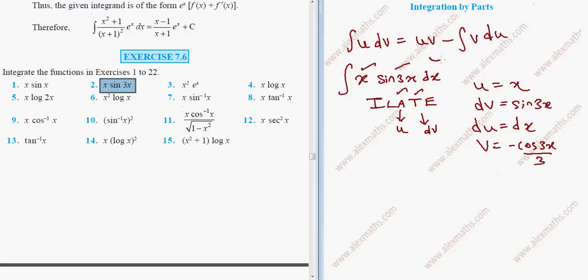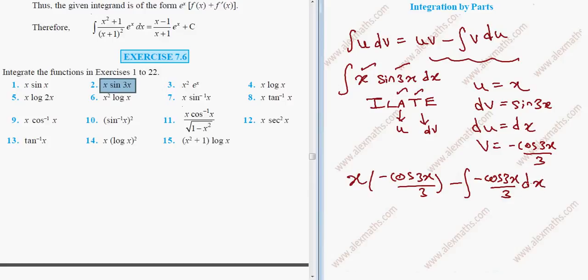Now substitute everything in this formula. So uv minus integral v du. That's all. Now this becomes minus x cos 3x by 3 plus 1 by 3 integral cos 3x dx.